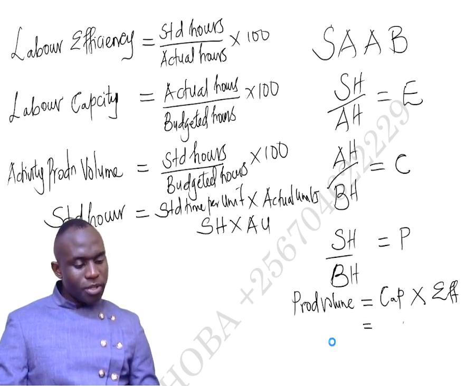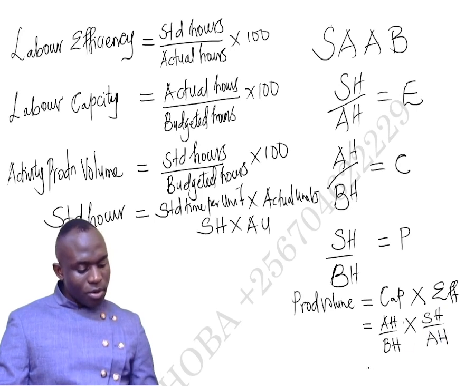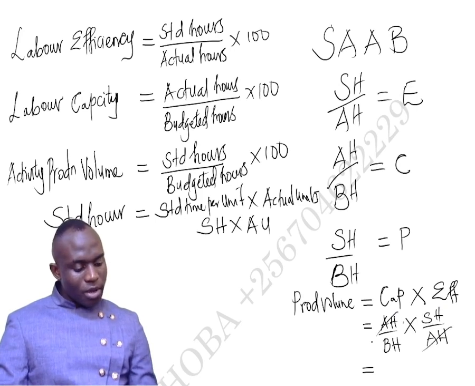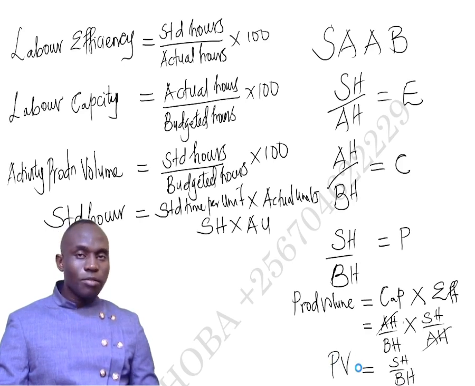Capacity is actual hours divided by budgeted hours, and efficiency is standard hours divided by the actual hours. So you can clearly see that the actual hours cancel out, and we end up with standard hours over budgeted hours. So this is the production volume ratio or activity ratio.